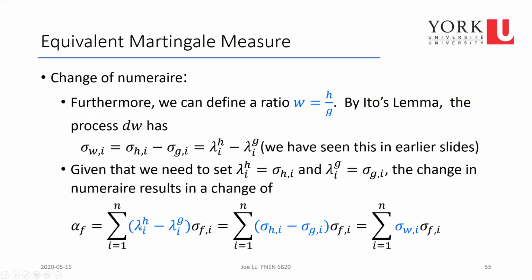So the risk price when H is used as numerator is sigma H I. When G is used as numerator, the risk price is lambda G, then sigma G I. So this difference here, as we see, is just sigma W I. So here we're summing over sigma Wi times this.